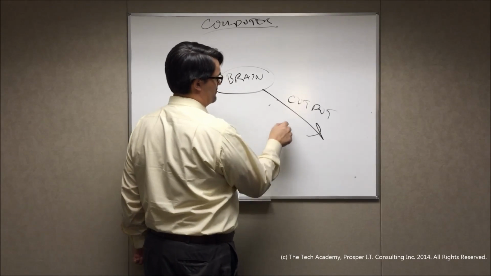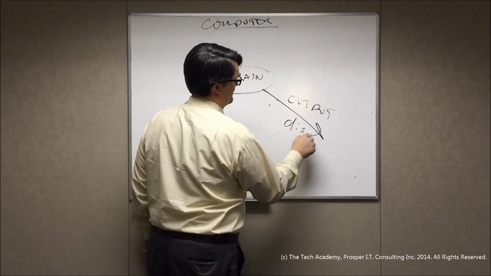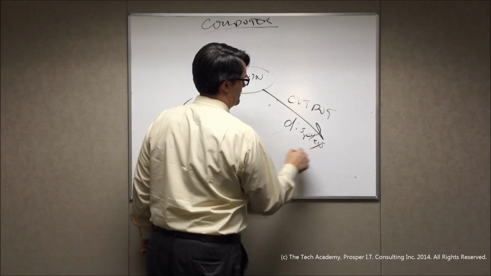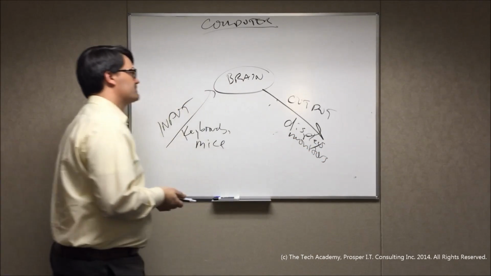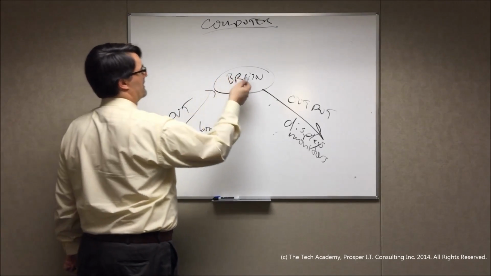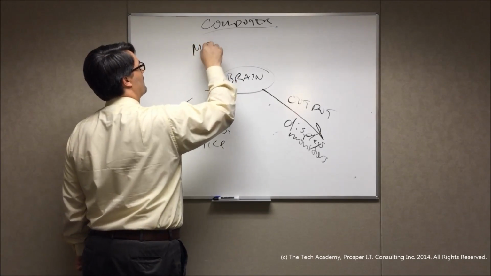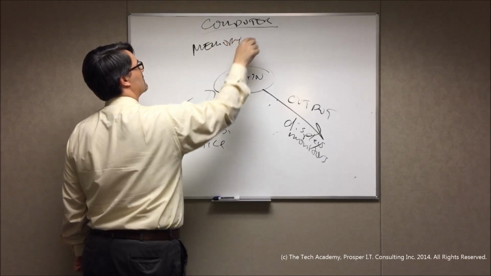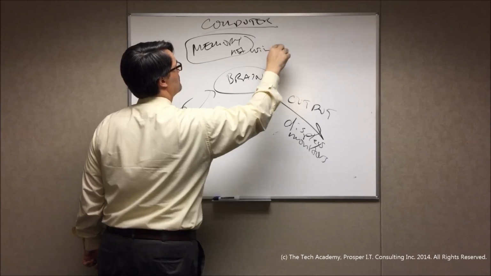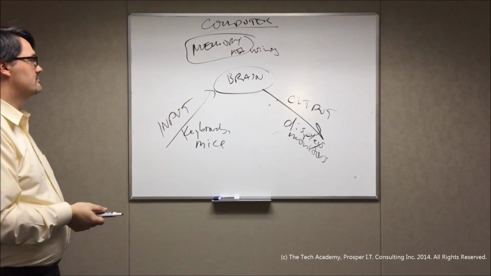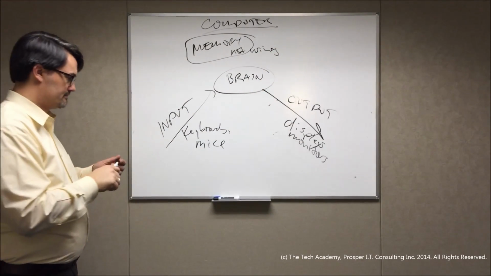Output devices we're used to are displays, also called monitors. But there's lots of others. And the brain also needs something. It needs memory. It needs a place to put data that it's not using at the moment, but may need later on. That's a computer.